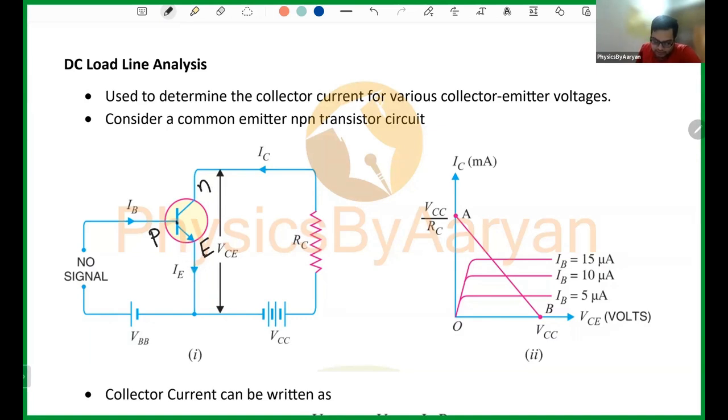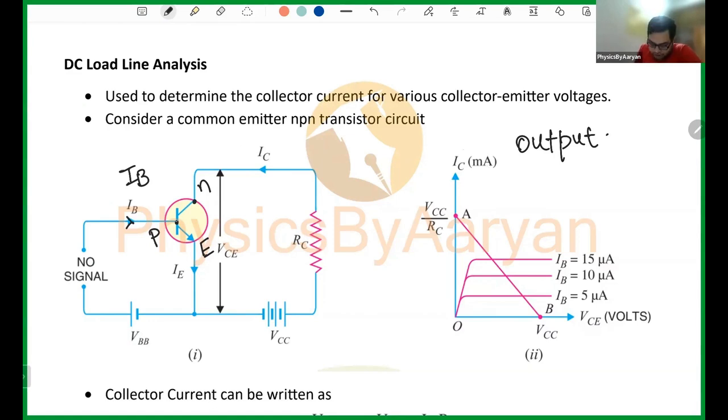This thing is base and this thing is collector. So what is your input? Your input is base. What is your output? Your output is collector. Now when you draw the output characteristics, what will be there? Output current, IC. So you will see there is an IC current here. And then what is the output voltage?